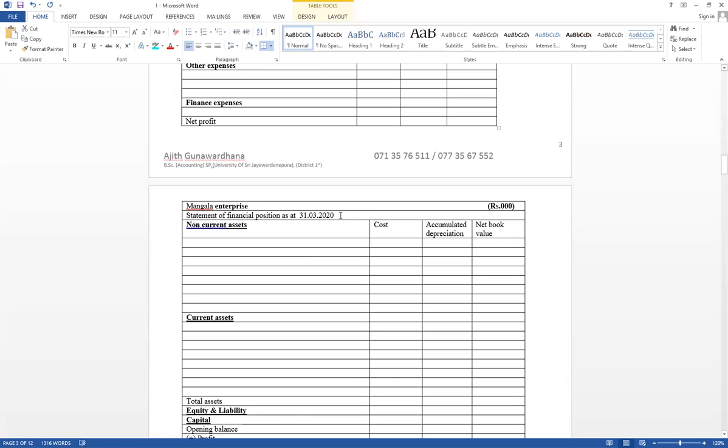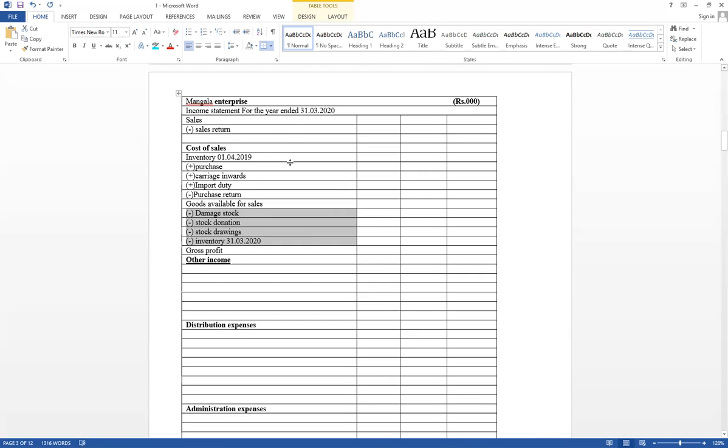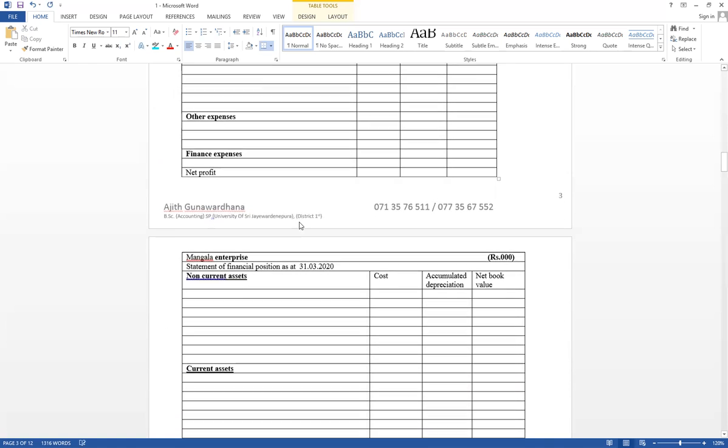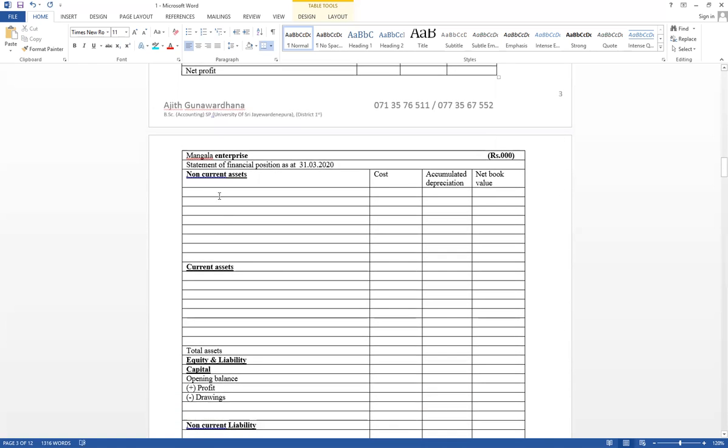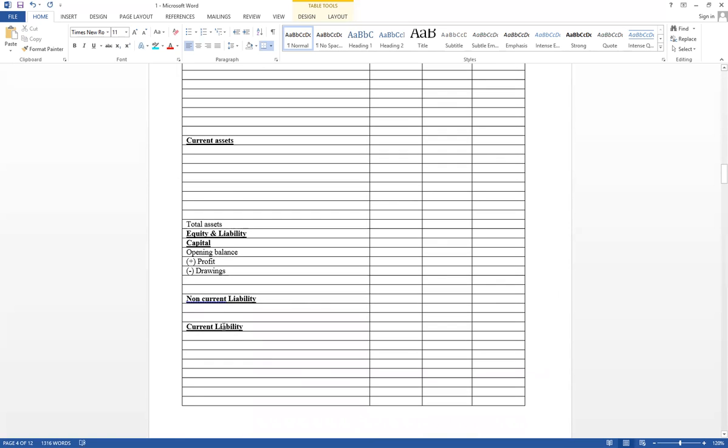This one is as at 31st March 20, but the income statement is for the year ended 31st March 20. Assets should be recognized separately as non-current assets and current assets, and liabilities also as non-current liabilities and current liabilities. Then equity, its composition should be disclosed: opening balance plus profit and minus drawings.